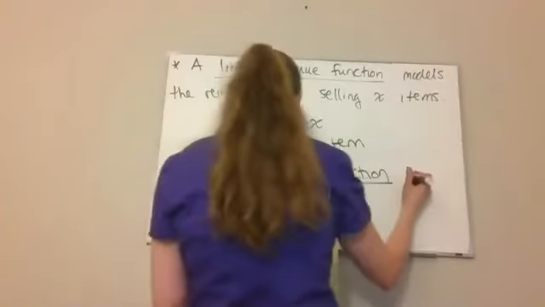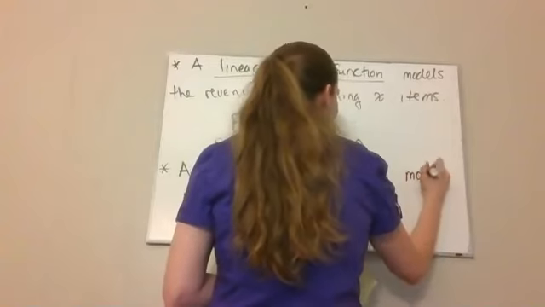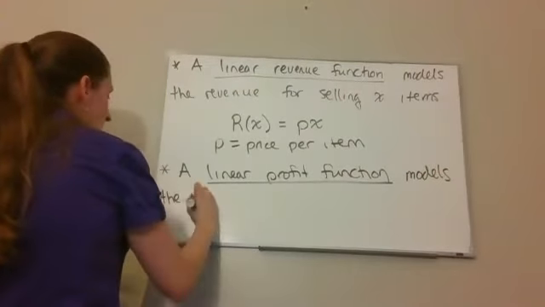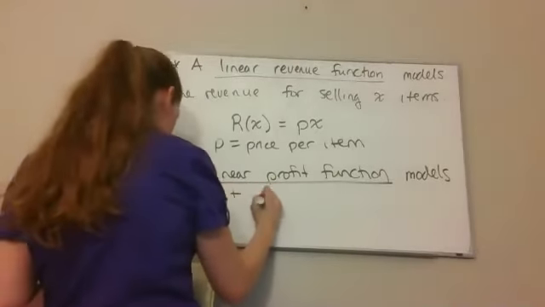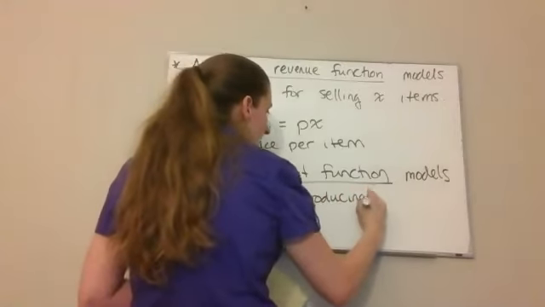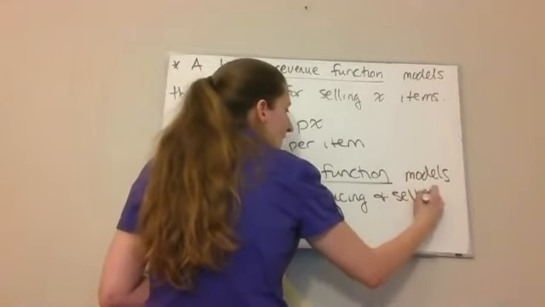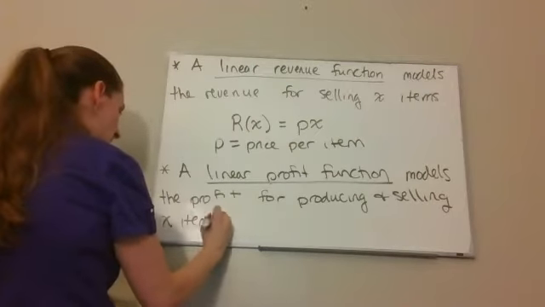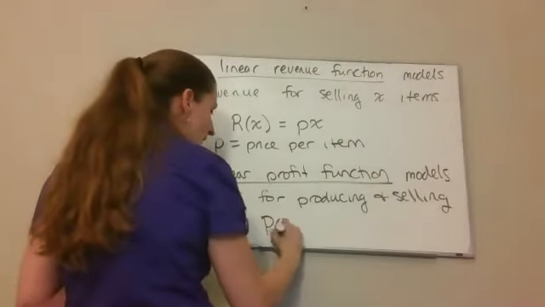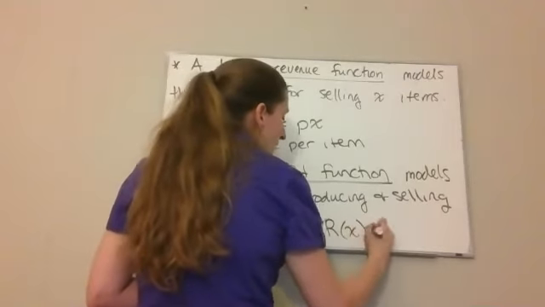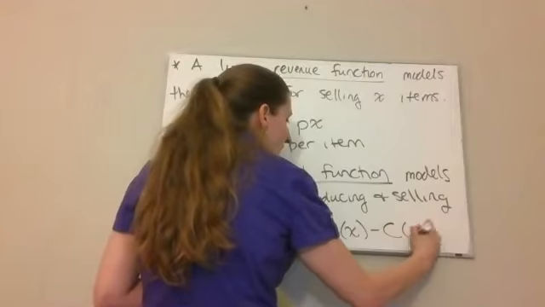So linear profit function models our profit for producing and selling X items. And your profit function looks like your revenue minus your cost.